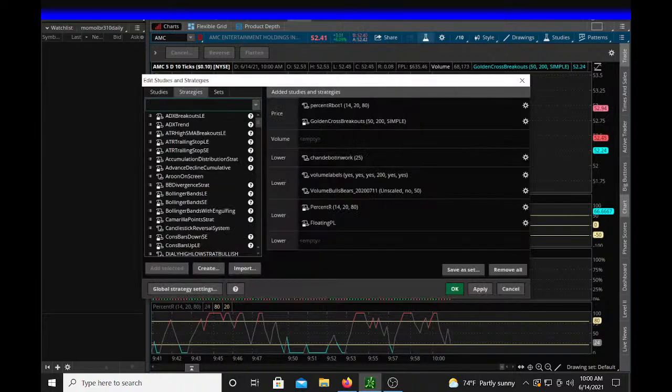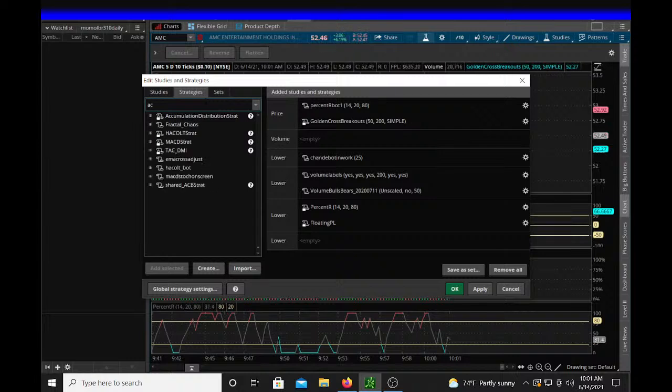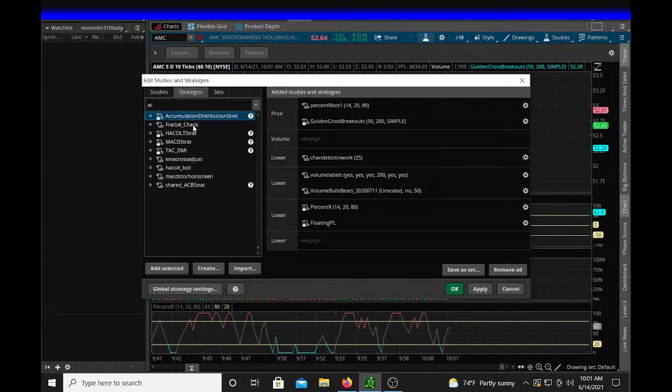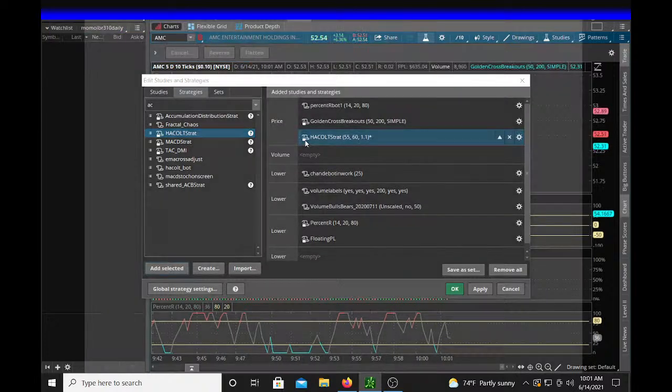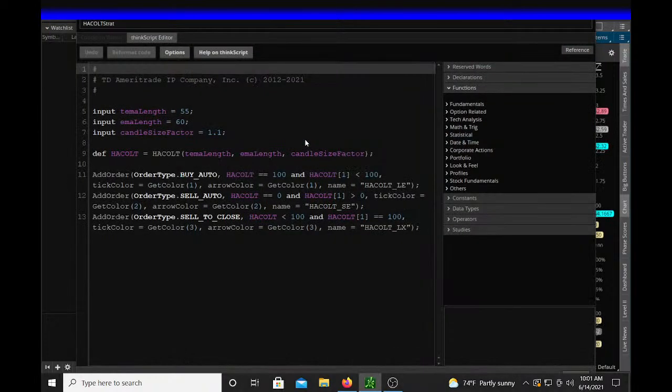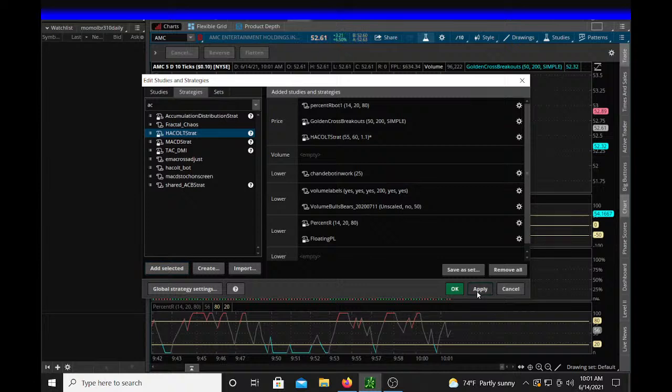Alright, now let's pull up our strat here, and let's just see. Accumulation distribution strategy. Looks like they added an HA Colt strategy. That's funny. Because I'm pretty sure that, yeah, that's funny.